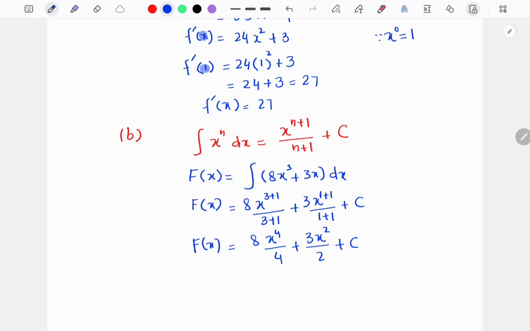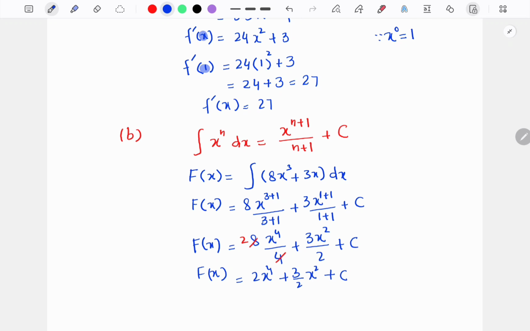So here you can see this 4 will cancel out, and we will get F of x is equal to 2x to the power 4 plus 3 over 2 x to the power 2 plus the constant of integration.